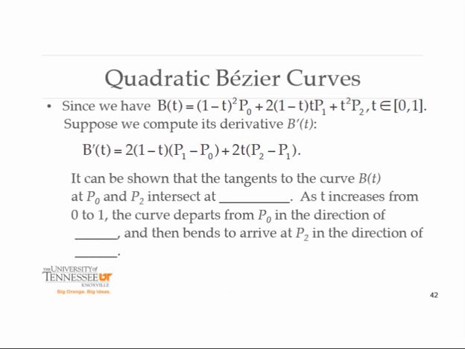So if you again look at the specification of the quadratic Bezier curve that we just had, if you were to compute the derivative, which would be very simple to do with respect to t, this is the particular form that you would get. That's the equation of the first derivative of a quadratic Bezier curve.